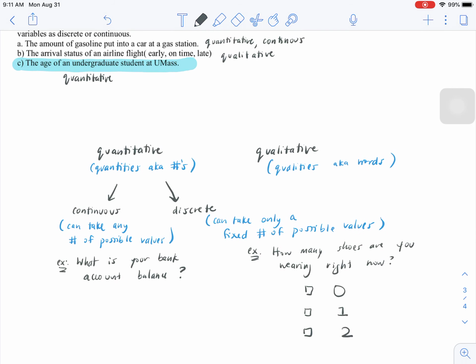The reason I think this one's a little tricky is that there's an argument for it being continuous and there's an argument for it being discrete. We could say it's discrete if we assume that students can either be 18, 19, 20, 21, 22, maybe 23, 17 as well.